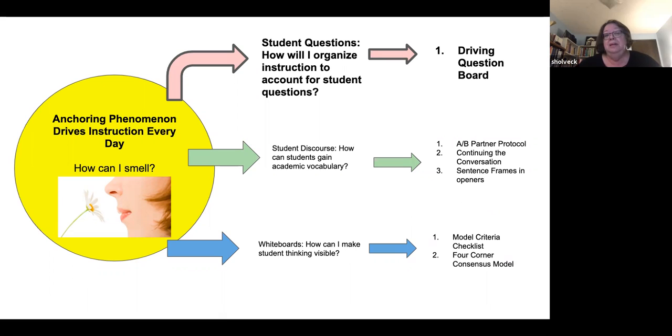We also need to make sure that anchoring phenomenon are complex enough that they can drive instruction, and a series of lessons can attend to them, and that we're attending to the cultural diversity of our classrooms. And we're going to give you some other examples of anchoring phenomenon as we go through today. But bee colony collapse is one.